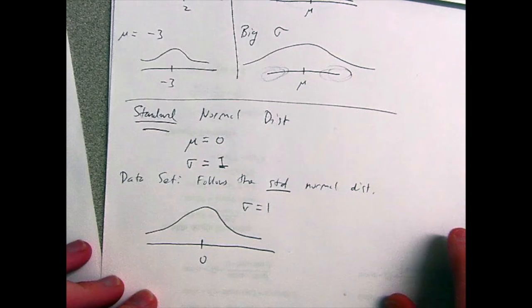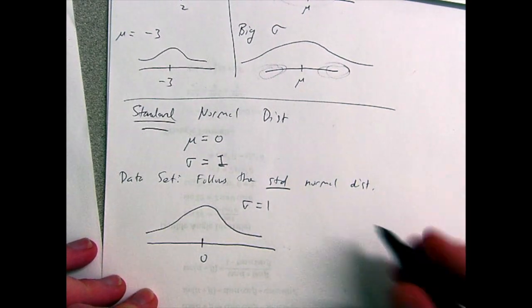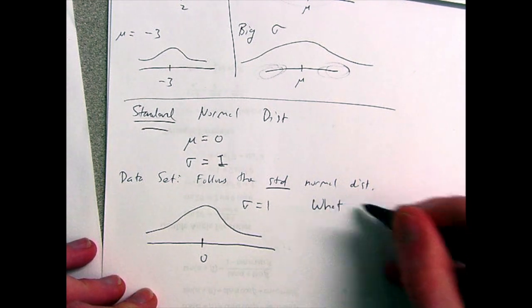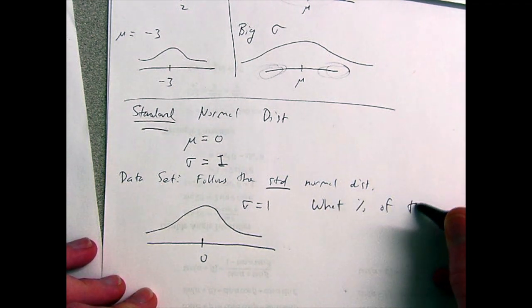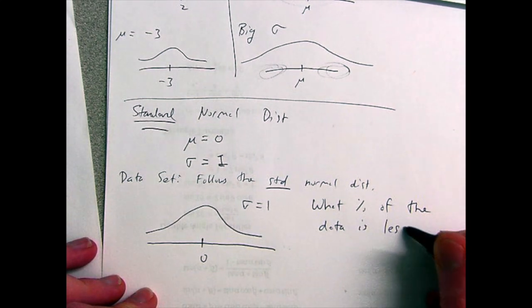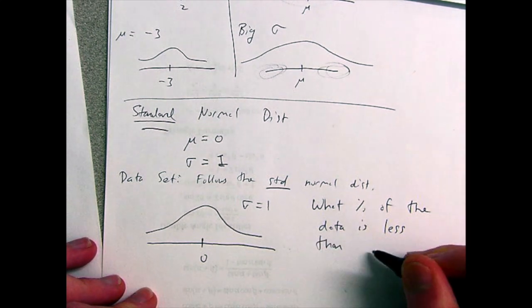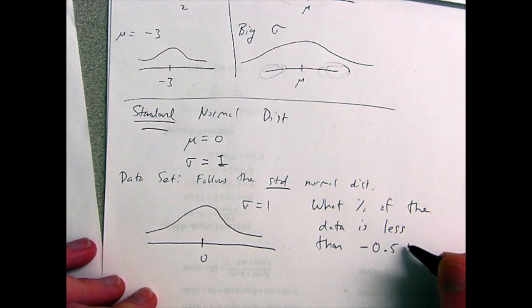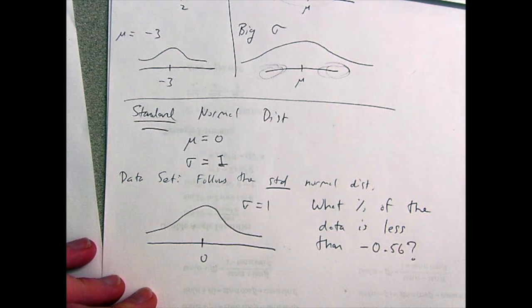Now suppose I asked you the following question. What percentage of the data is less than, let's say, negative 0.56? It turns out that the answer is the following.